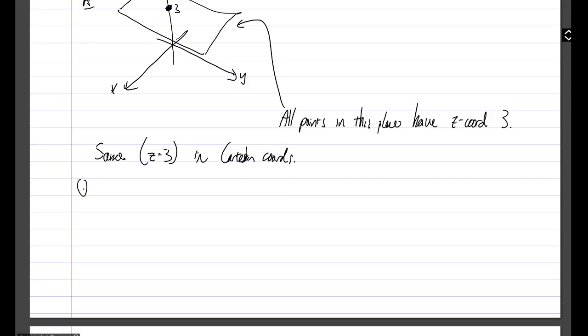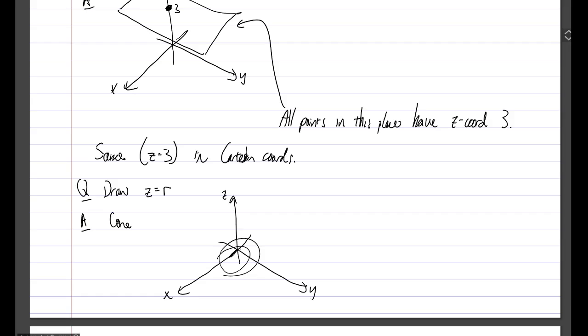Okay, let's try another one. We've got to just get used to this coordinate system before we talk about integration. So let's draw z is equal to r. Remember r is just the distance with respect to the xy plane only. So what we end up getting from this is a cone. I'll try to draw this as best as I can. X, Y, Z. Let me try to draw in the xy plane itself.